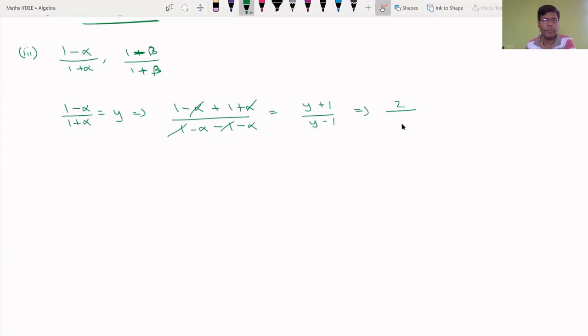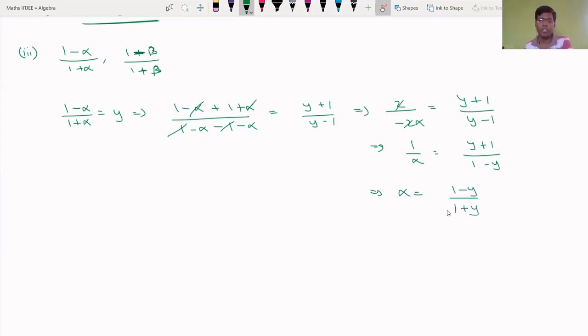So 2 by minus 2 alpha is equal to y plus 1 by y minus 1. So this 2 and 2 I can cancel. If I take minus 1 on the other side, I will get 1 by alpha is equal to y plus 1 by 1 minus y. If I take the reciprocal, alpha is equal to 1 minus y by 1 plus y.